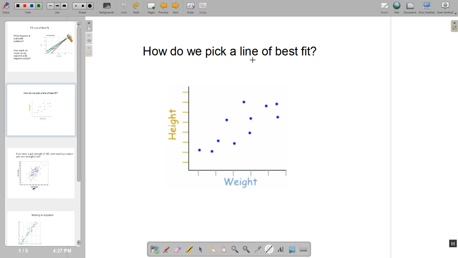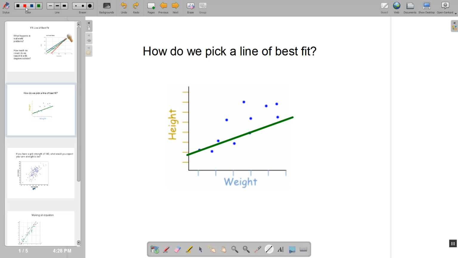So let's go, how do we pick a line of best fit? What I like to do is think of each of these individual points as trying to touch the line. The perfect line of best fit is as close as possible to each of these points. Now, if I hit this point on the nose and this point and this point here, then I'm going to miss all of these points at the top.